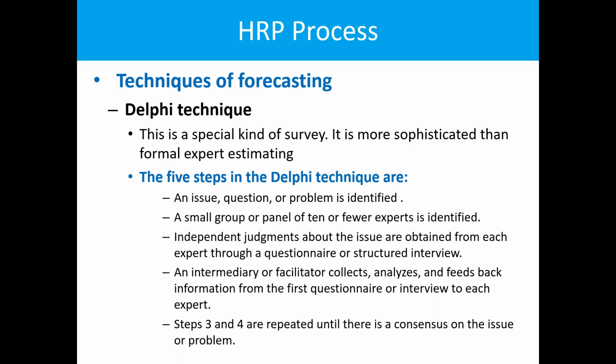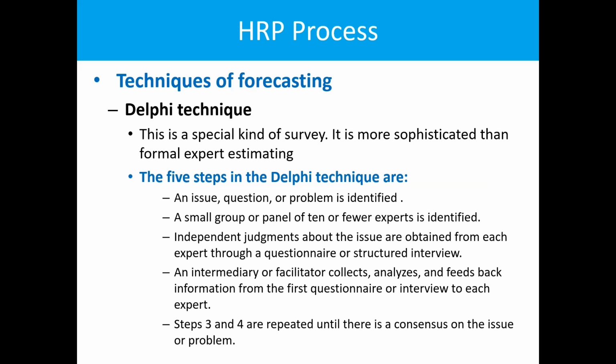Right? For example, an issue, a question, or a problem is identified. For example, let's say we are going to open a new branch, and our corporate plan reflects the vision or mission, the main goal of achieving 5% market share in the coming 5 years, right? So that's the issue, the question, or the problem.